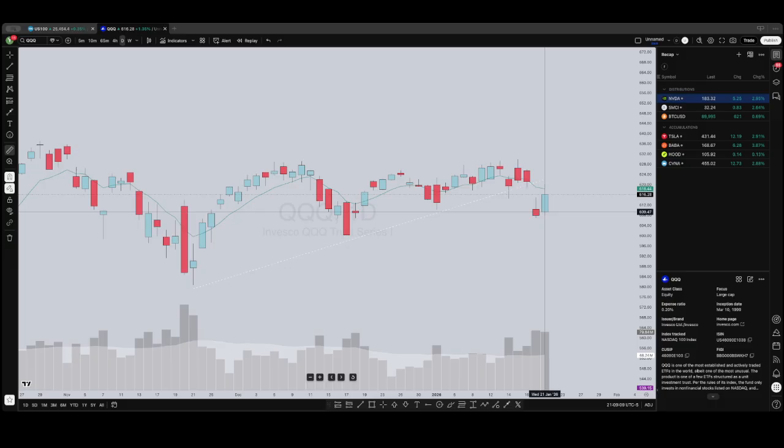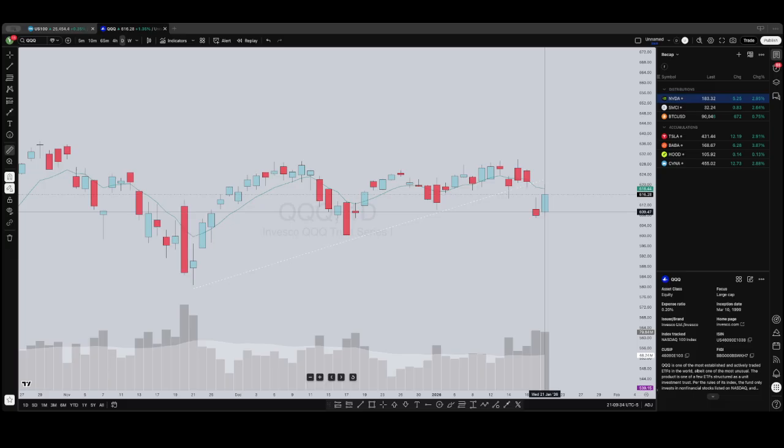The only thing that you can do is just make sure that your execution, you're not going short on what seems to be a potential higher low. Instead, you're short before that as price enters that breakdown of the trend line. That actually goes back to one of the most important aspects of my trading system, and that is I want to be positioned early.